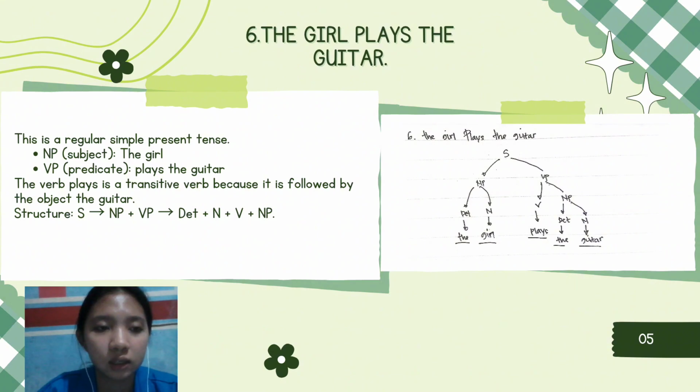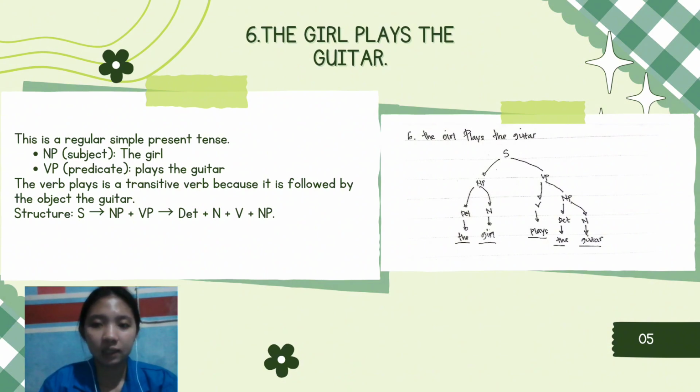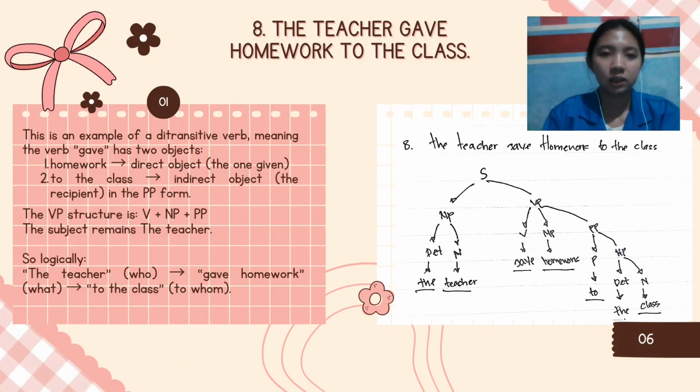The structure is S plus NP plus VP, and there's a determiner plus noun, verb plus NP. The verb plays is a transitive verb, so it must be followed by an object, which appears as an NP under the VP.